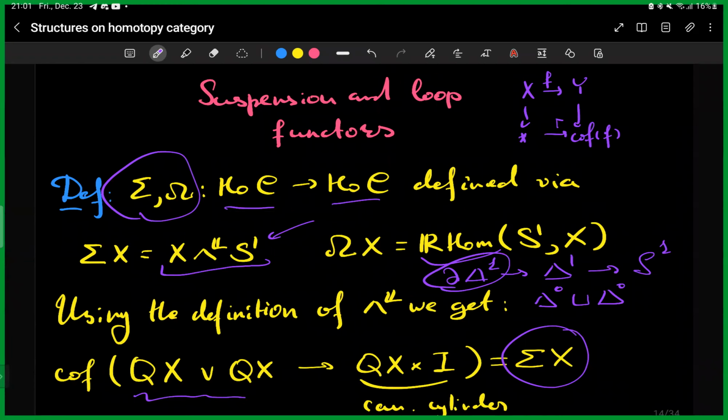Someone who asked the question, can you please retype it, because I have only the old version of the chat. I just entered the meeting. Can you please remind what is a smash product, derived smash product? Oh, okay.